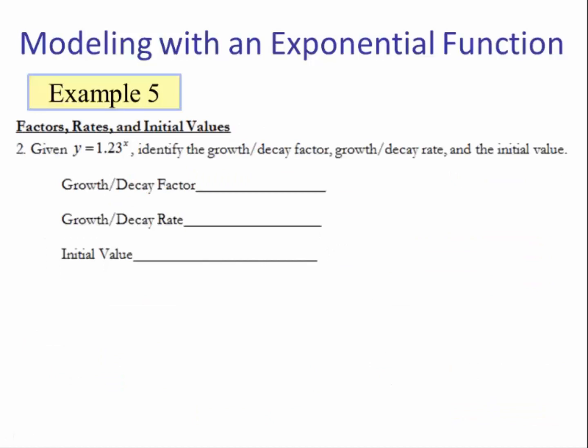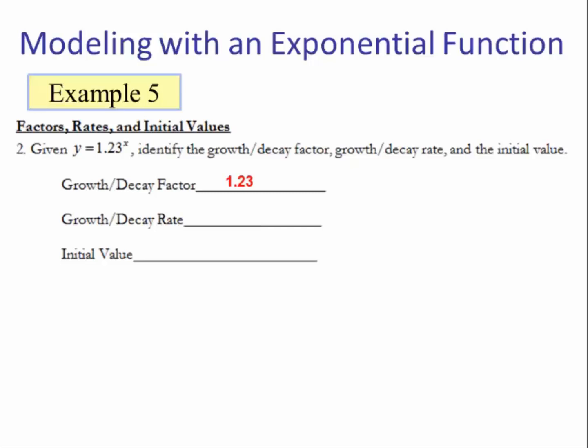Number 2. Given y equals 1.23 to the x power, identify the growth or decay factor, the growth or decay rate, and the initial value. Well, the factor just simply means the base. So the base in this case is 1.23.